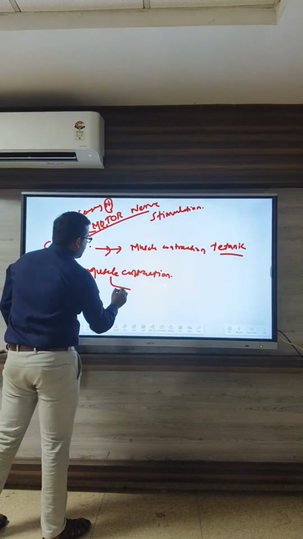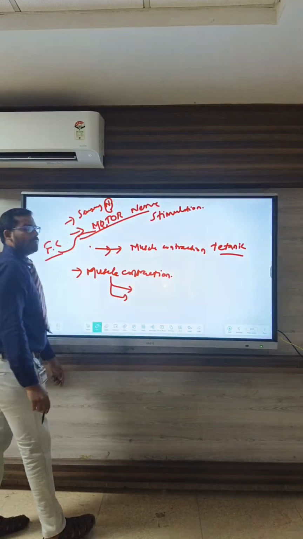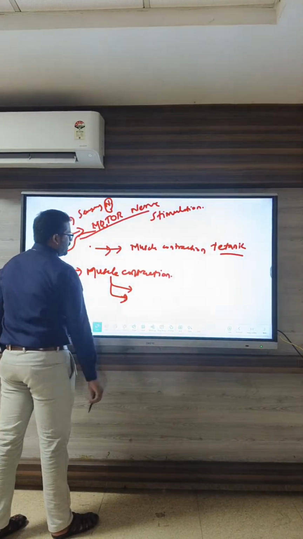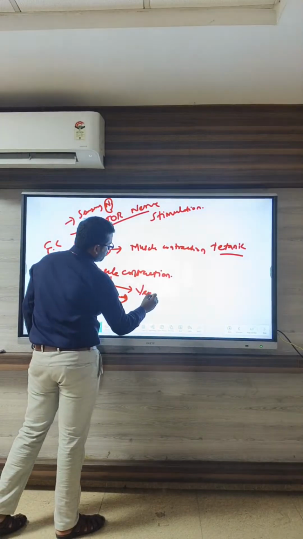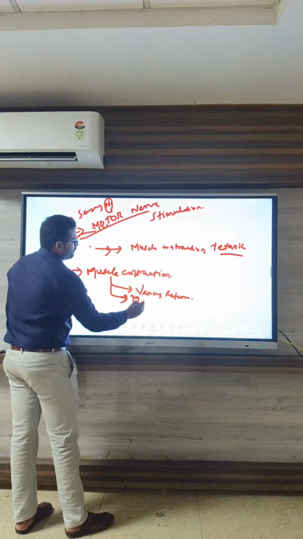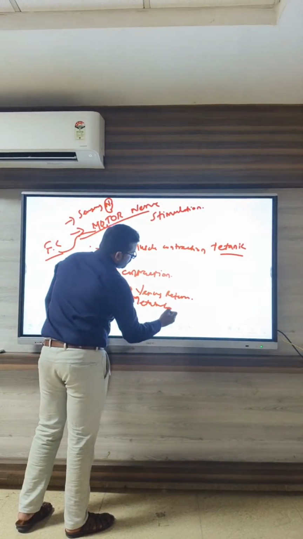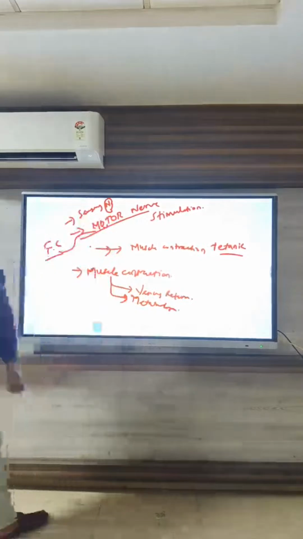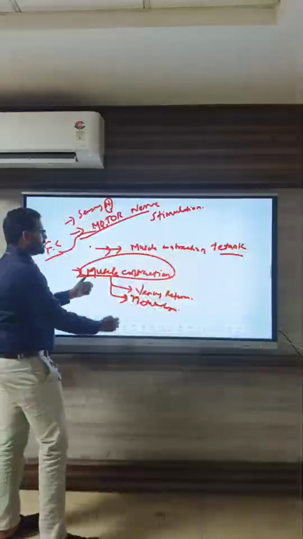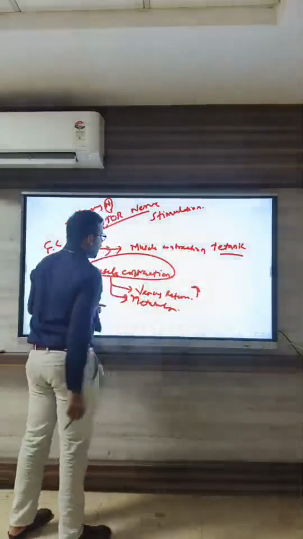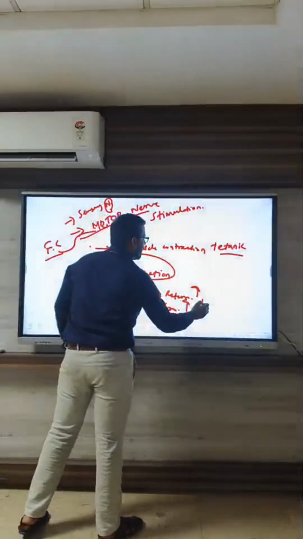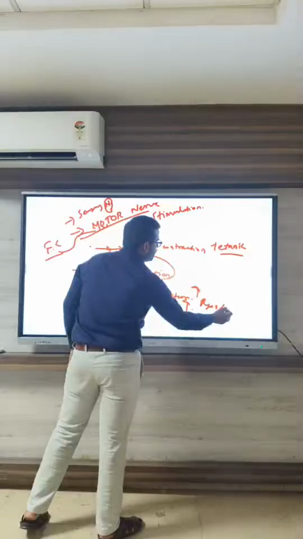So coming to the muscle contractions. Under muscle contraction, we have two portions: the venous return and metabolism. Once the Faradic current is applied to the injured muscles, the venous return is improved and metabolism is improved because of the physical effect of heat.